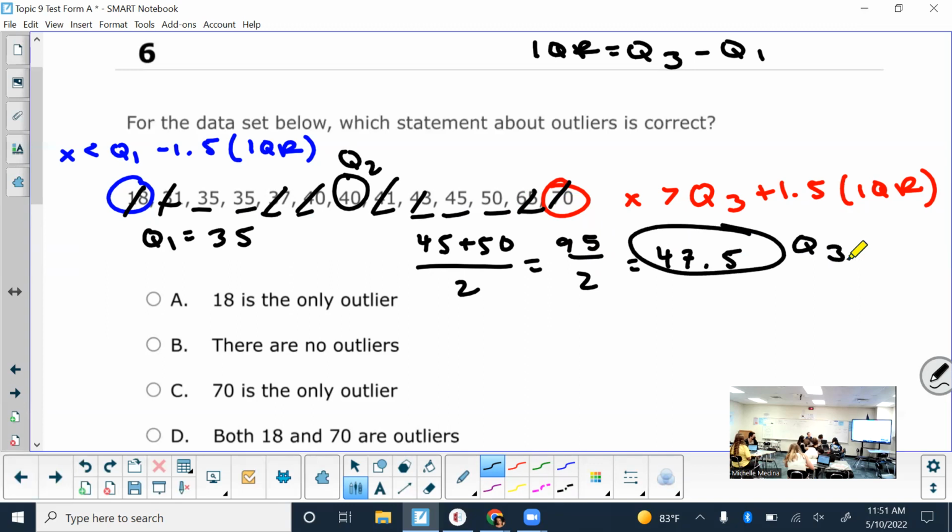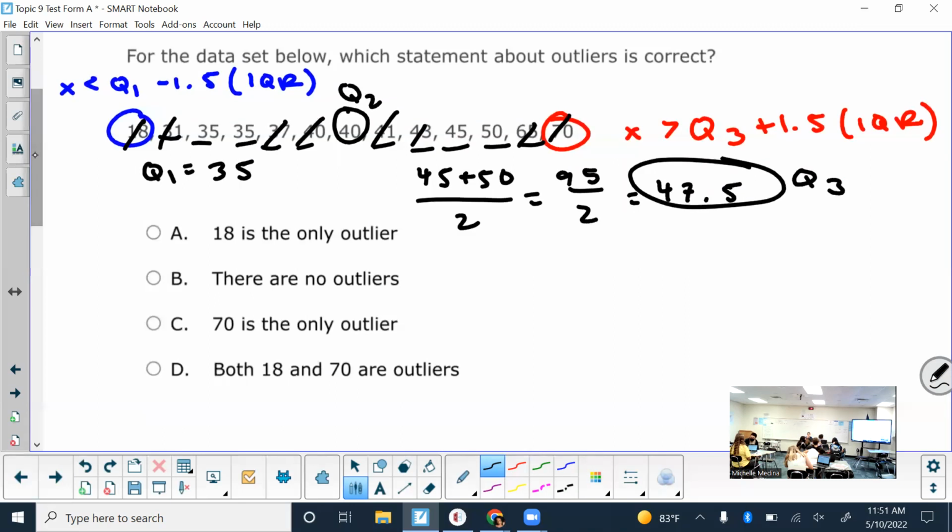All right, so once you've found those, I just showed you how to find them, median of your lower half and upper half, you plug them into your formulas. So I'm going to start with the 18, we're going to test that. Whatever number you're testing will replace the x.